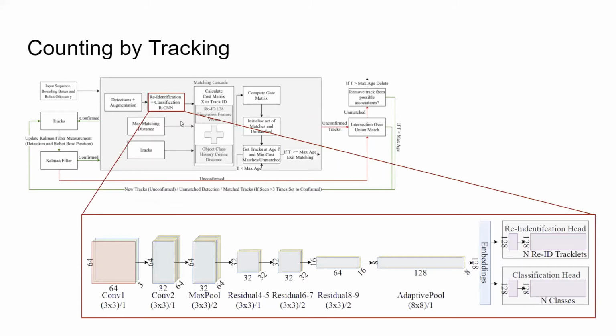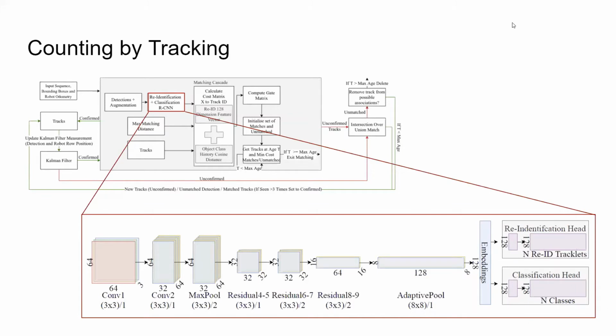The core innovation here is the whole tracking framework. The novel part is that this DeepSORT algorithm, which has the re-identification part, is extended to multiple classes. So you can see here that in the last part we've got two heads after the embeddings. One is responsible for re-identification, called the re-identification head, and the other one is the classification head.